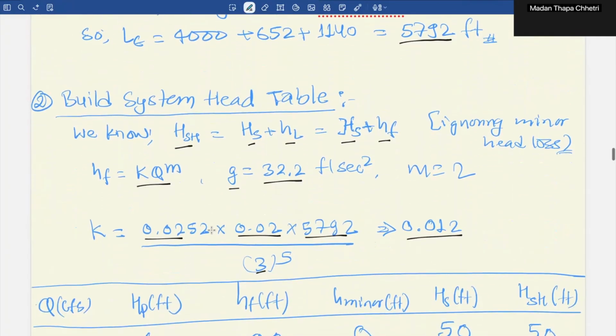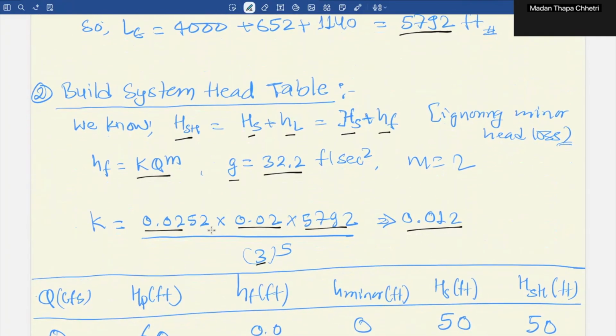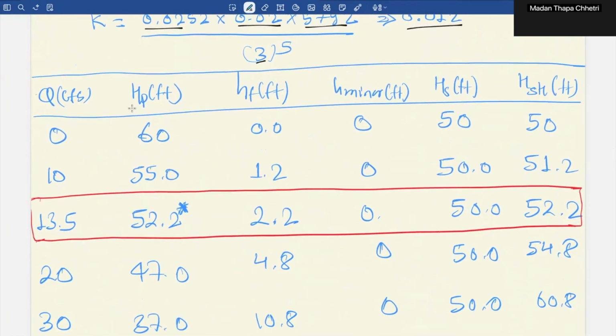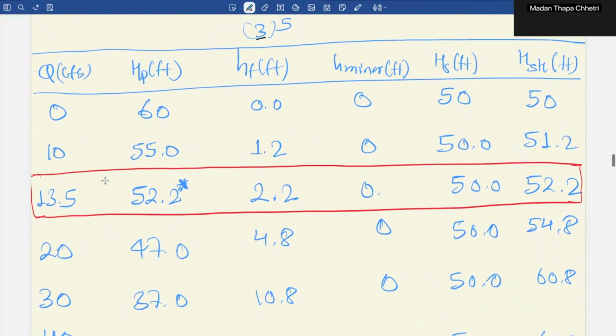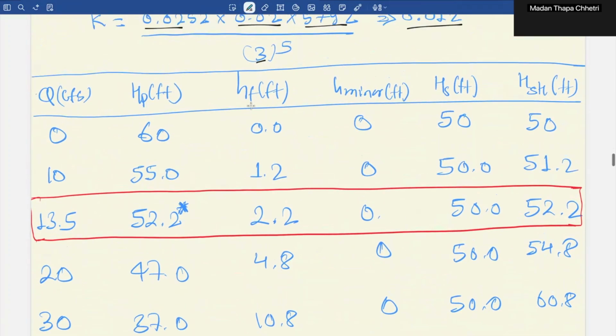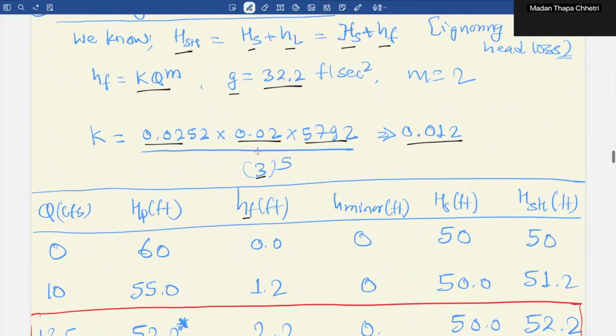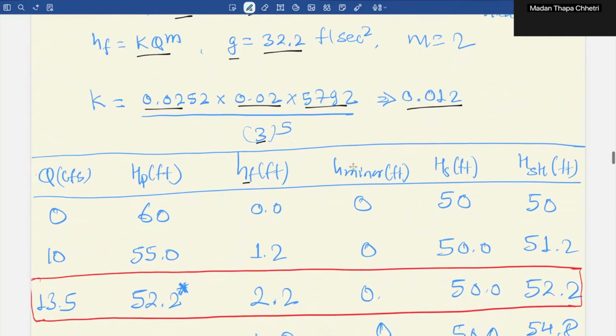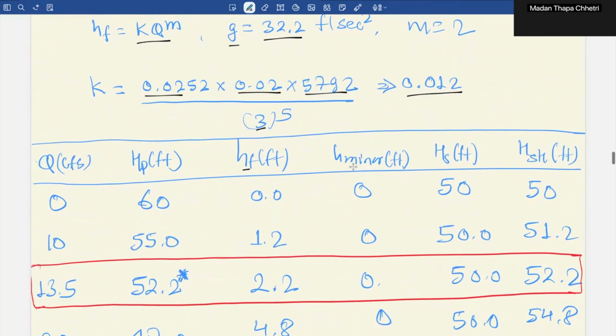So now let us compile all those values in table format. Since Q and HP are given, we just tabulate. For now, ignore this red circle thing. I will explain that later. So Q is given, HP is given. Our aim is to find HF, which can be computed from K times Q to the power M, and h minor is negligible, so we can ignore that.